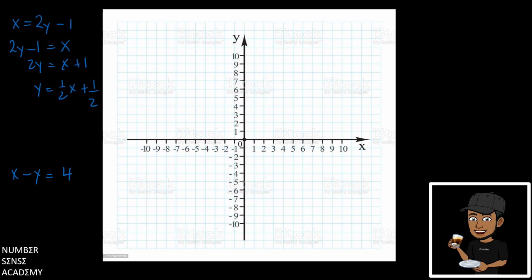Okay, so let's graph this one. We have a y-intercept of 1/2, so that's going to be right here. And then we're going to rise 1, run 2. Rise 1, run 2. You've got to be a little bit careful here because now you're stepping in the middle of the scaled points.